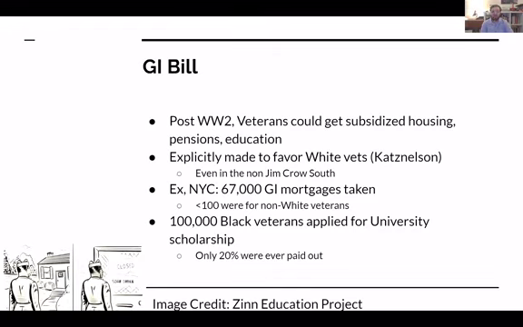Less than 100 were ever in the history of the GI Bill given to non-white veterans. Not just Black folks, also all the Puerto Rican, Latin American, and Asian folks that fought in the military during World War II as well.